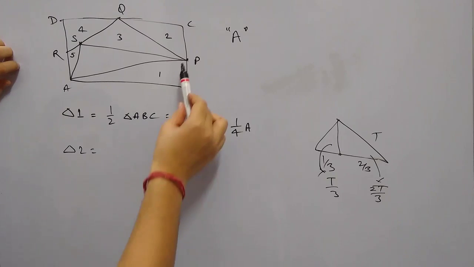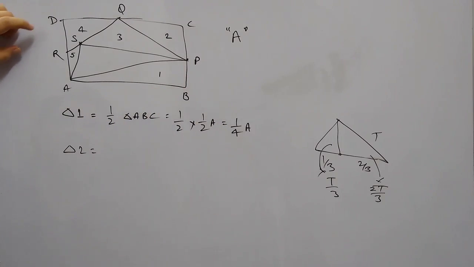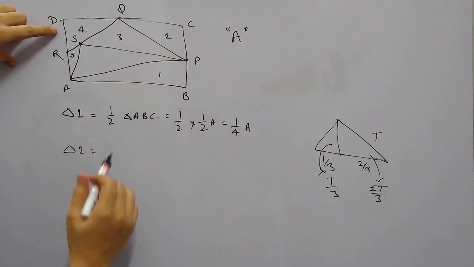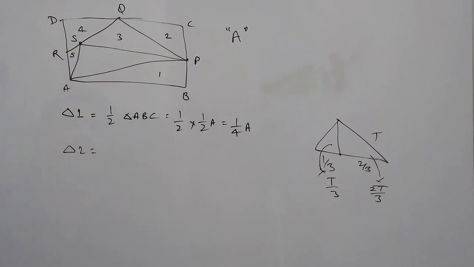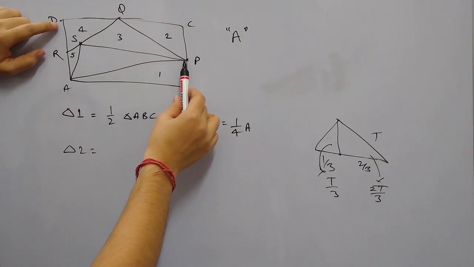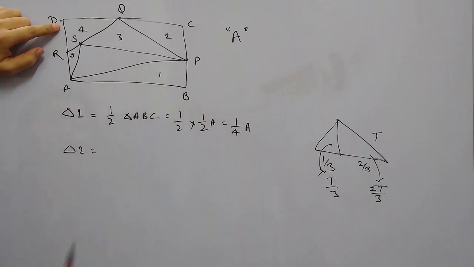Triangle 2 is PQC. Again, if we join PD, then PD will divide this entire rectangle into 1/4.